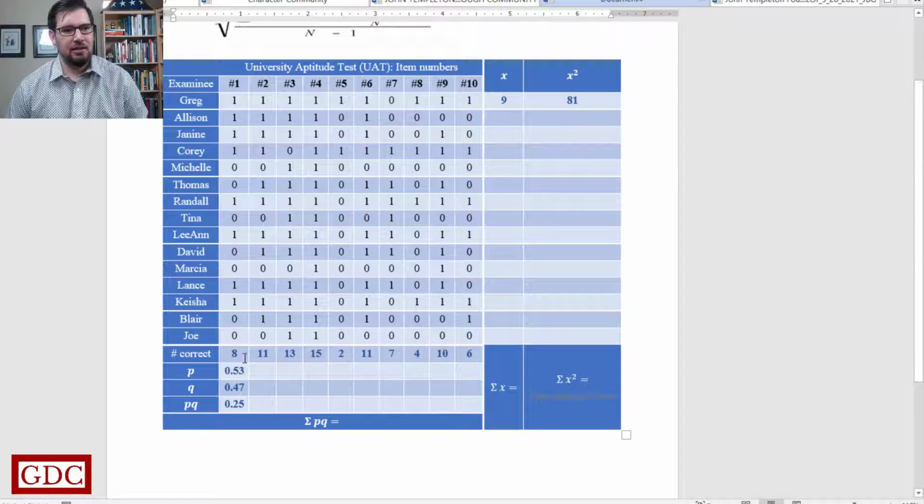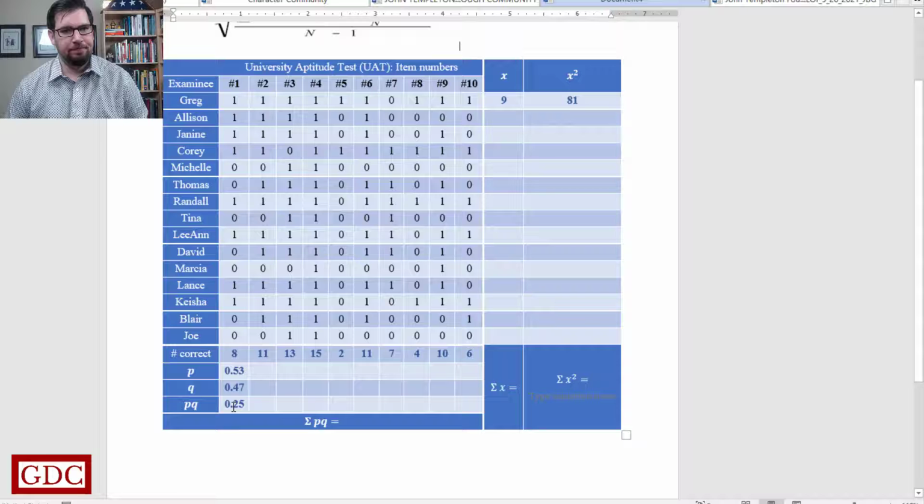So 7 divided by 15 is 0.47. You multiply those together and you get 0.25. As you can guess, 0.5 times approximately 0.5 would be 0.25, and that's almost exactly what we would have after rounding.